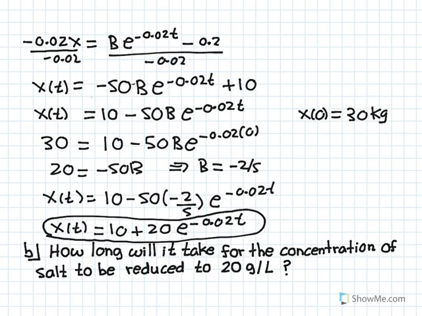Part B of the question asked us, how long will it take for the concentration of salt to be reduced to 20 grams per liter? All right, so how do we do that? Well, we know that the salt concentration is equal to 20 grams per liter. Let's change that to kilograms.